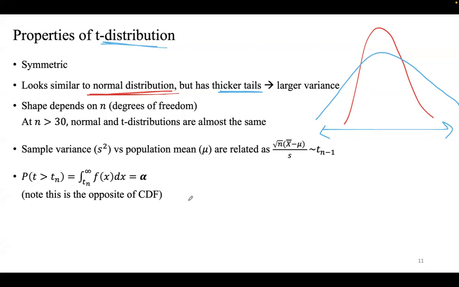As n increases, this starts going up. So you can imagine this is going up, and then these are getting shorter and shorter, right? As n increases. So at n greater than 30, the blue and the red lines would almost become similar.